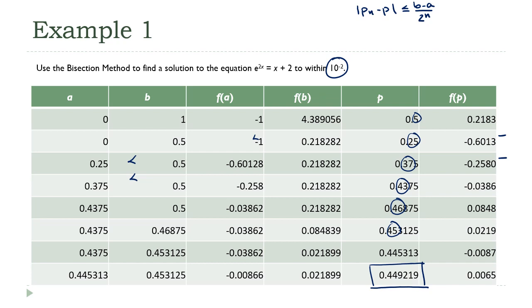All right, so our a and b were 0 and 1, so 1 minus 0 over 2 to the n, and I need this error bound to be at most 10 to the negative second. All right, well, this is 1 over 2 to the n equals 10 to the negative second, which is 2 to the n equals 100.